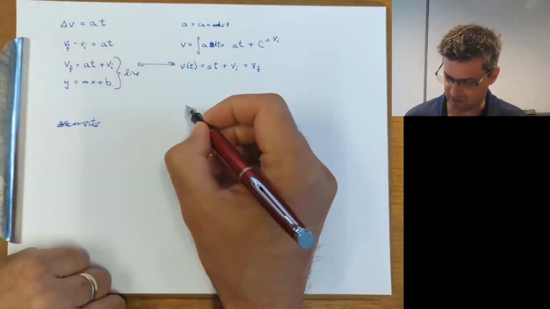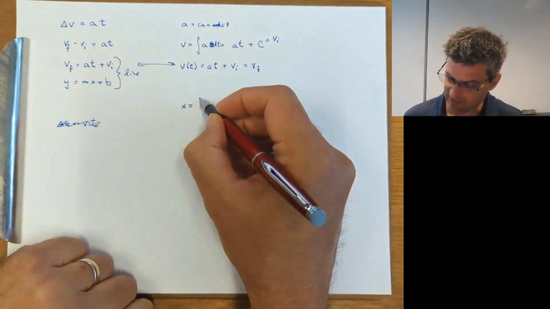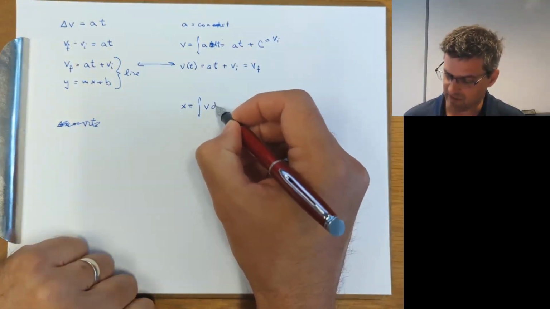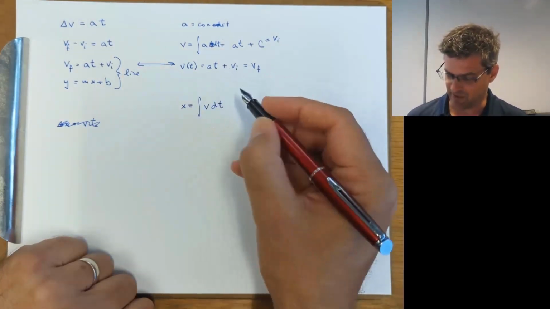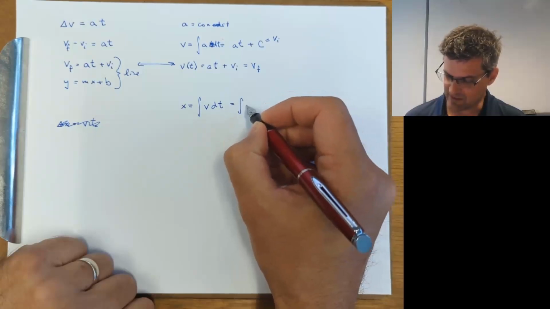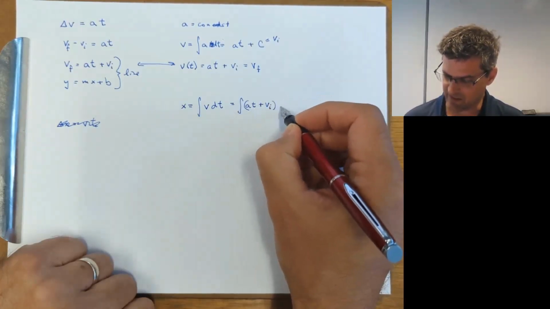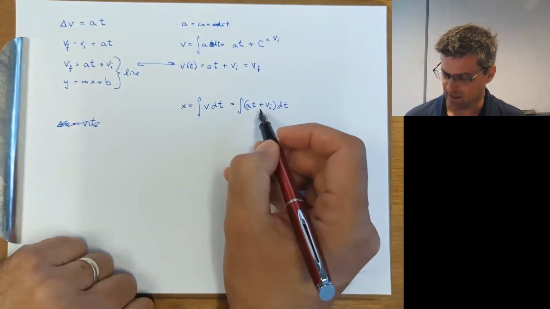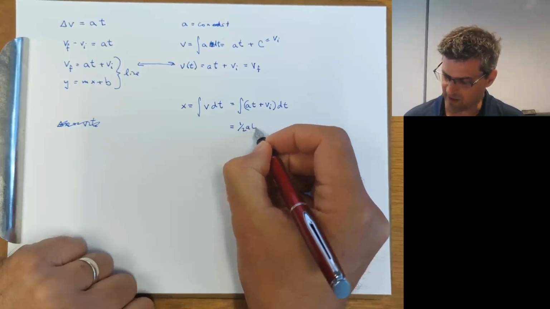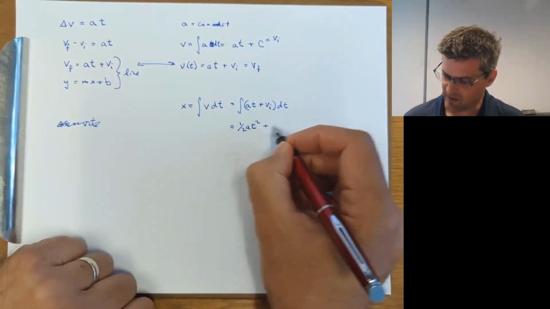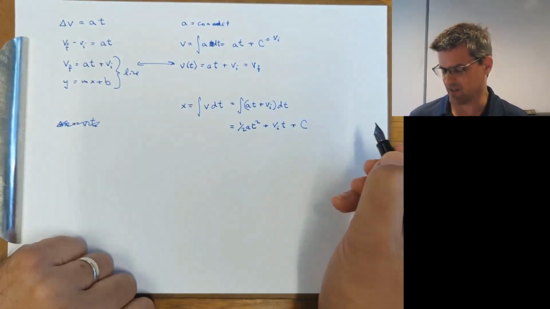So why don't we just do this approach here to save ourselves a bit of time? x is going to be the integral of v dt. And we happen to know what our v is. This is the integral of at plus v_i dt. And if I integrate this, what I get is 1/2 a t squared plus v_i t plus an integration constant.